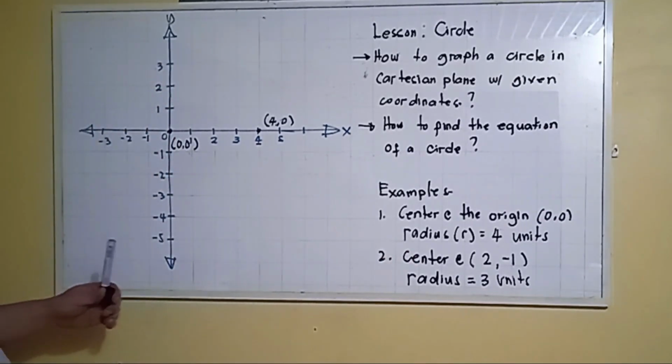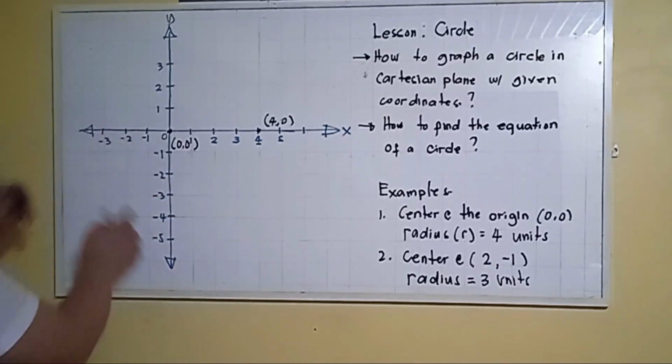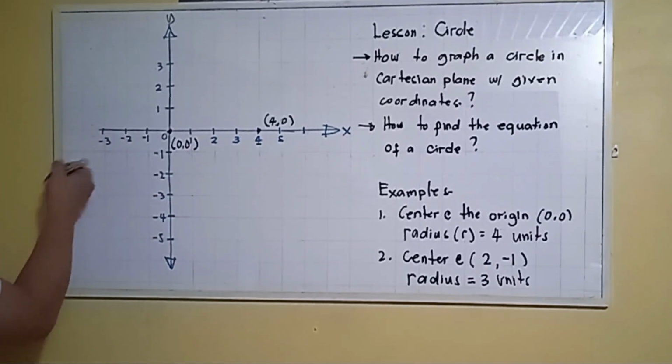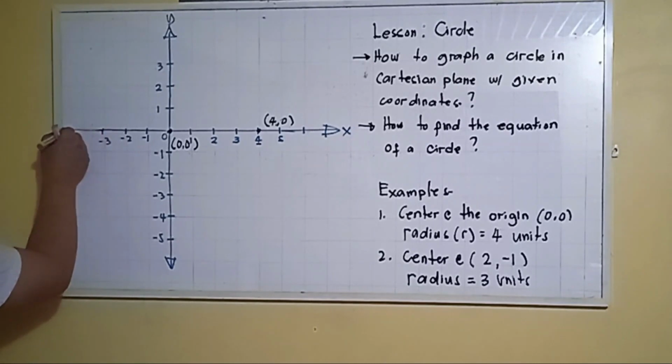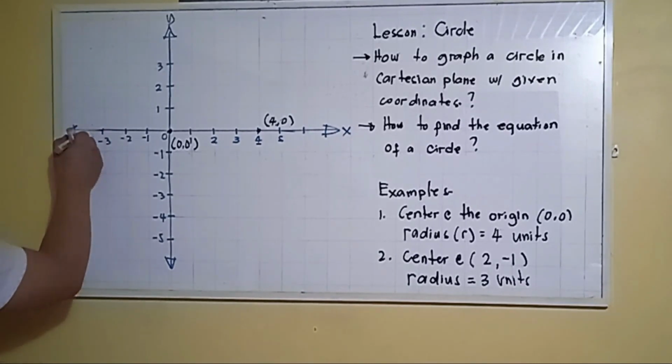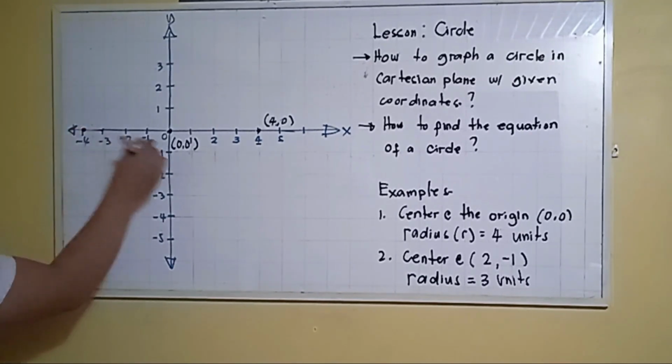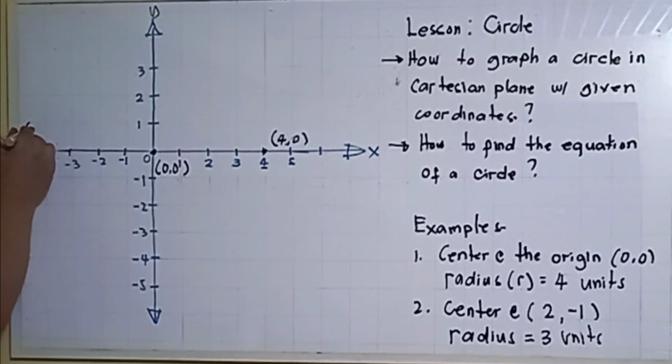Magbibilang na naman tayo ng 4 units away papunta dito sa kaliwa. Means ito yung point papunta sa kaliwa. X is negative 4, y is 0.